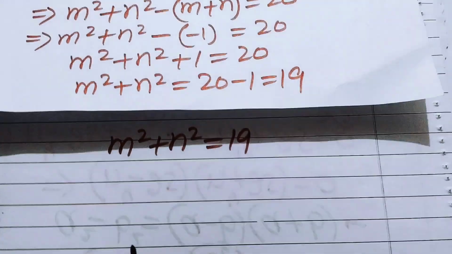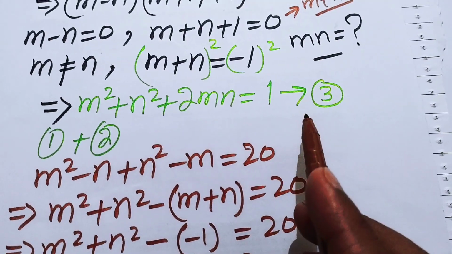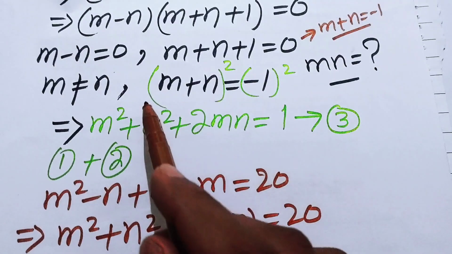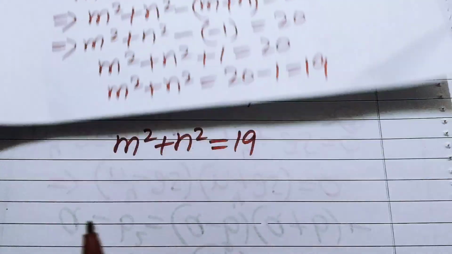Now we use this value of m square plus n square in equation number 3. This is our equation number 3: m square plus n square plus 2 times of m n equals to 1.